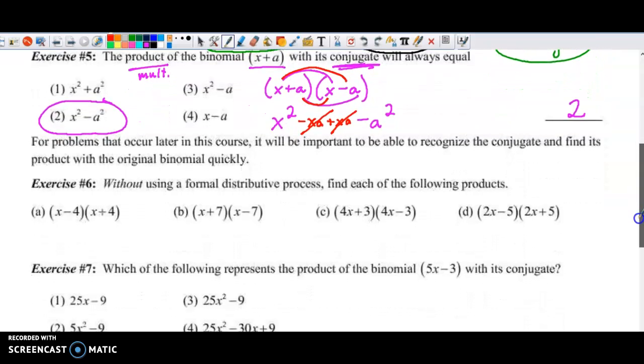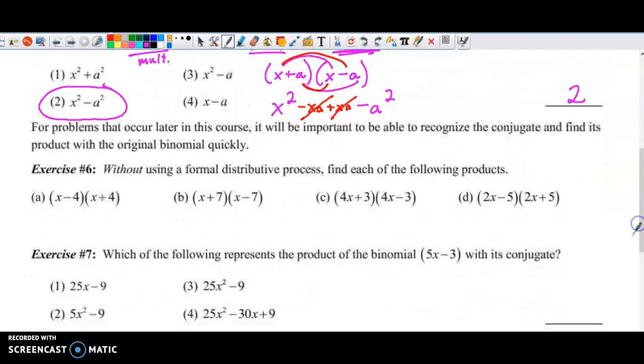So hopefully you're getting used to this, and we can quickly come up with these answers. Before you do this, without doing the formal distributive property process, what is the final answer? The first thing to check is, do you have conjugates?